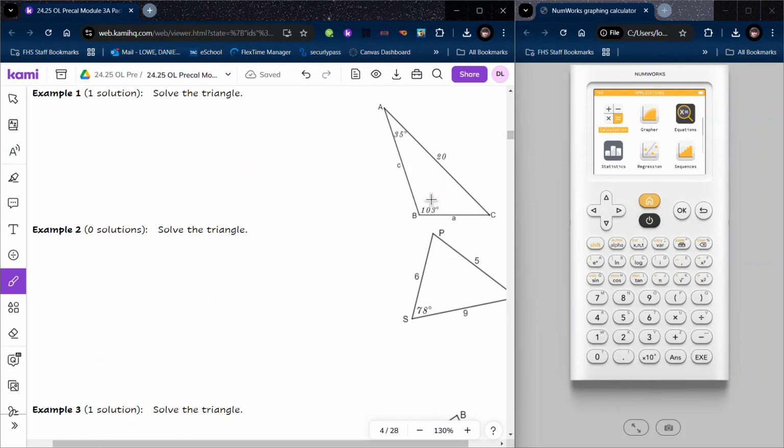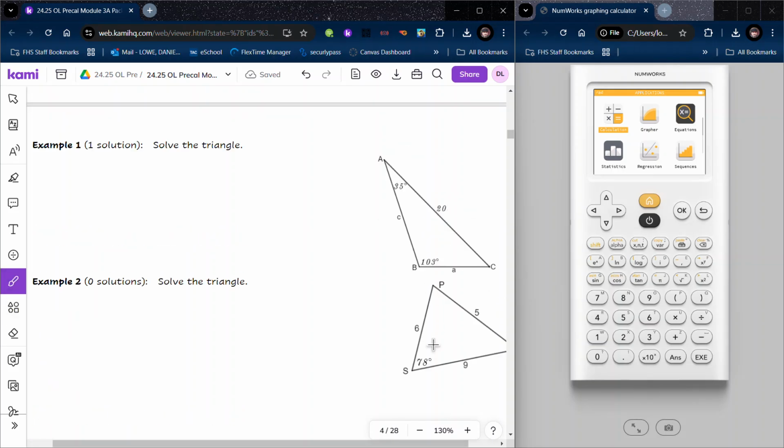Okay, so let's look at our first example. If we want to solve this triangle, this happens to be an angle-angle-side triangle. Well, what do we know?